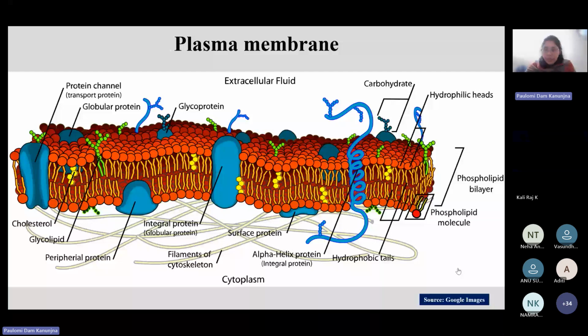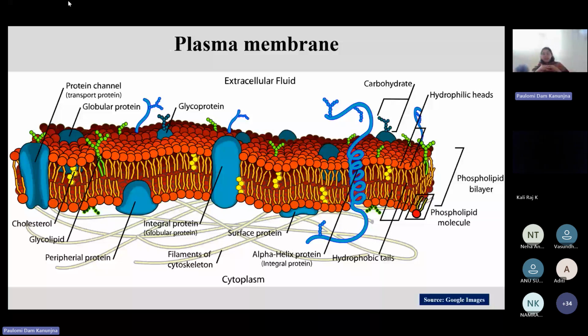Coming back to the topic we were discussing, the plasma membrane is, as I told you, a very widely discussed topic in cell biology. That's because the structure of the plasma membrane was under huge discussion, and many people had their own suggestions for how it looked. So the plasma membrane has its own history.